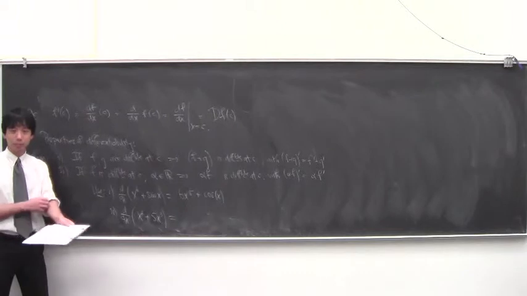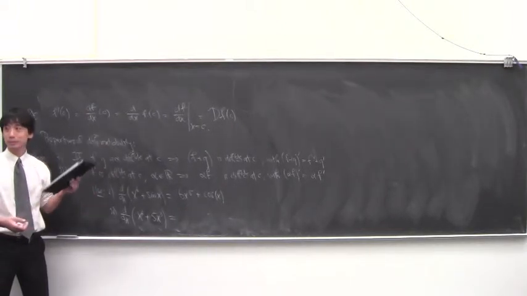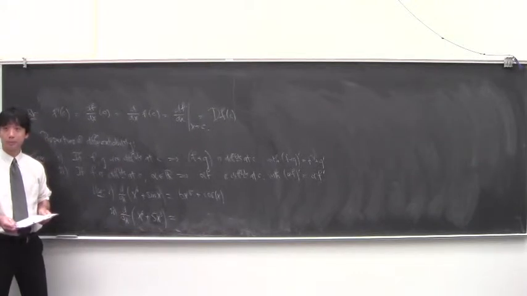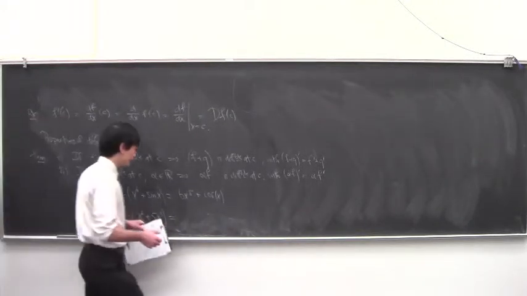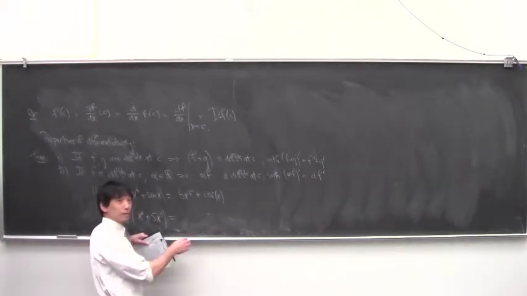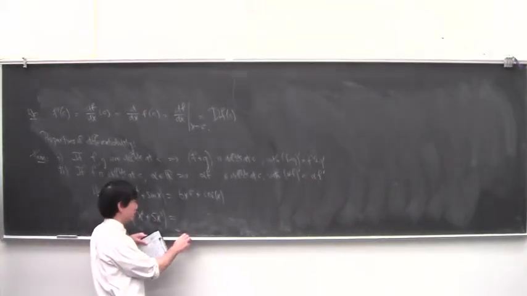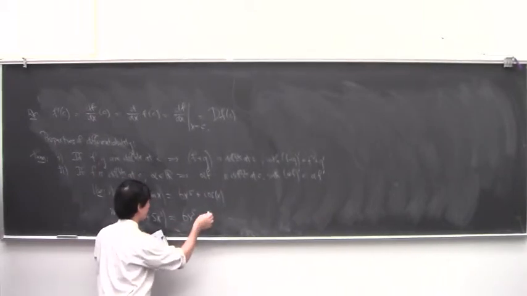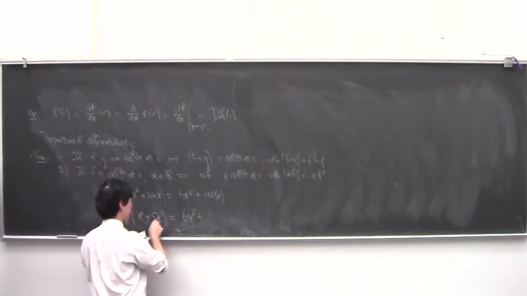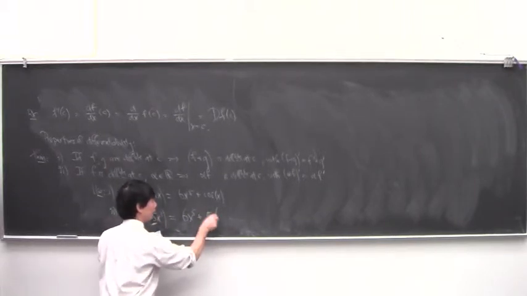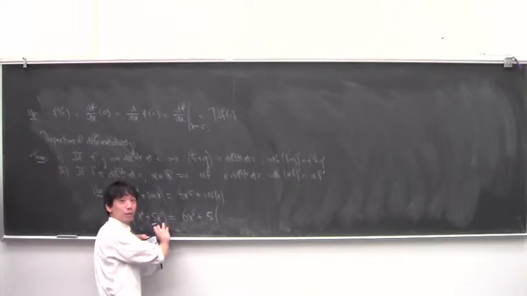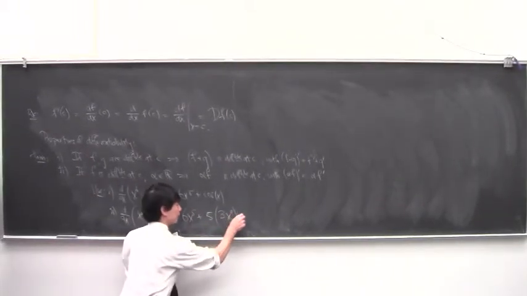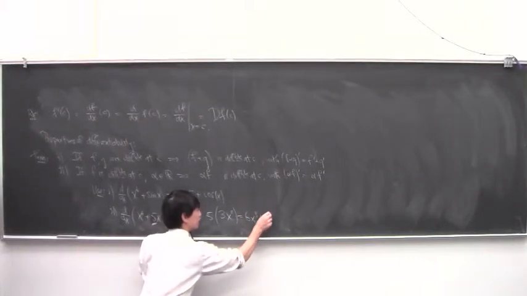Turn to somebody next to you and say, I wrote down this. Okay, so what's the answer? 6x to the 5th plus what? 15x squared, right? Because you've got this 5 here, so you're going to have 5 times the derivative of x cubed, which is 6x to the 5th plus 15x squared.